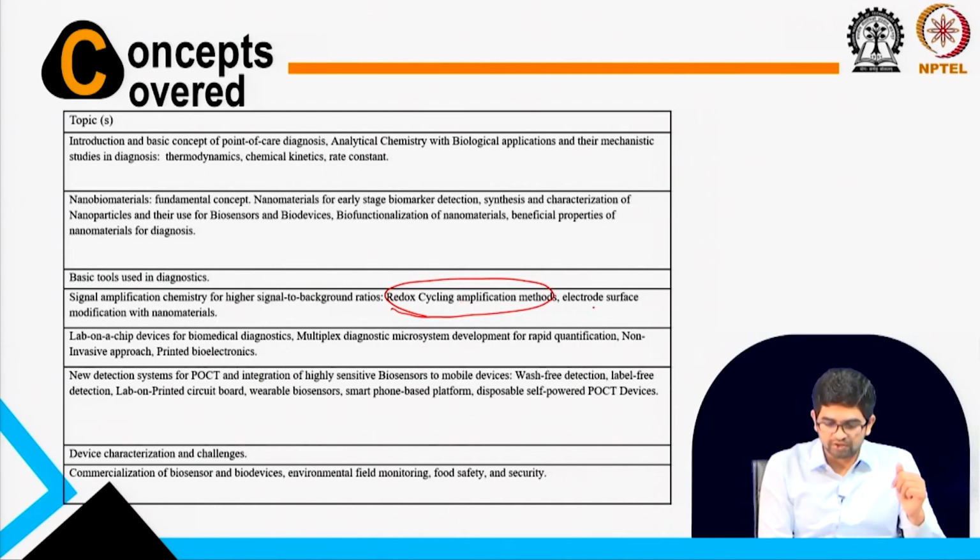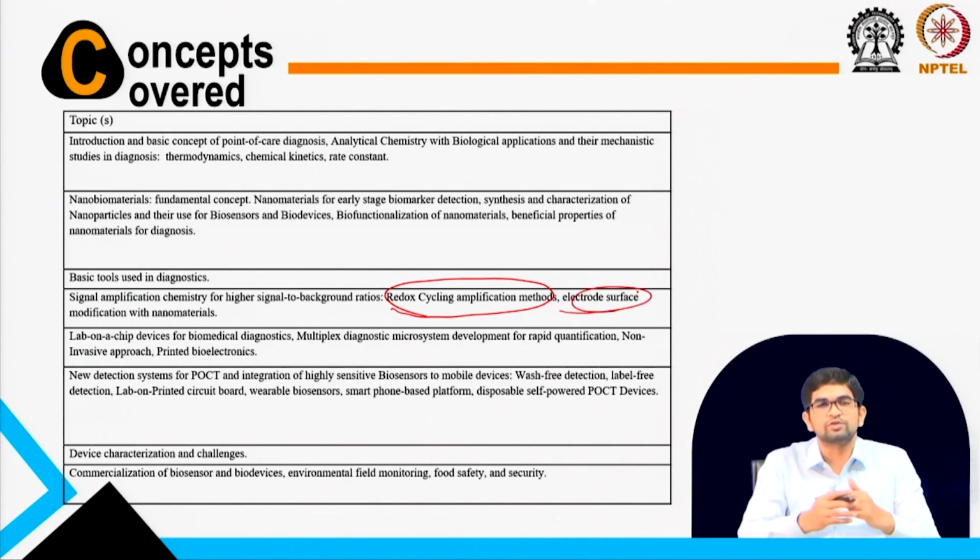We also need electrode surface modifications with nanomaterials, because in this course nanomaterials will always be used for surface modification. As I mentioned, synthesis of different kinds of nanoparticles is really important, and I will teach you all that technology in this course. It is a very important part of this course.